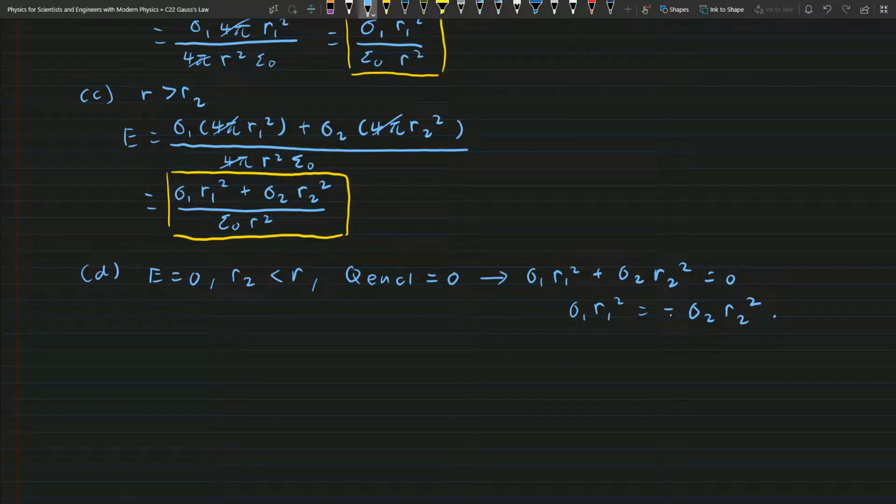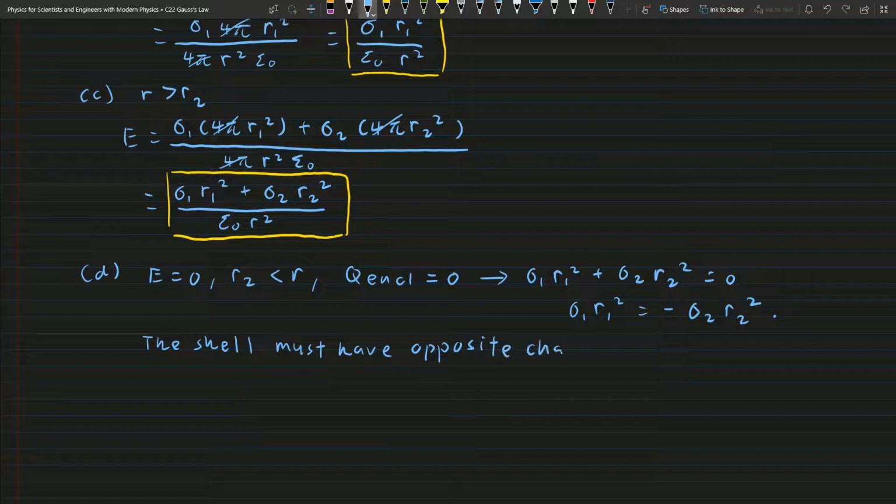That means there must be the opposite in the polarity. So the shells must have opposite charges. So this E field equals 0.